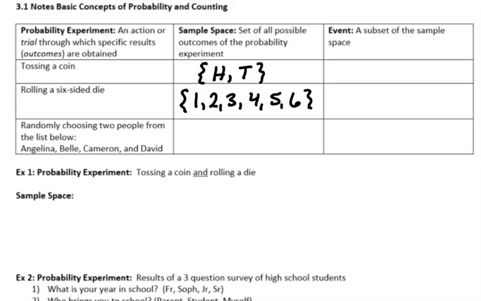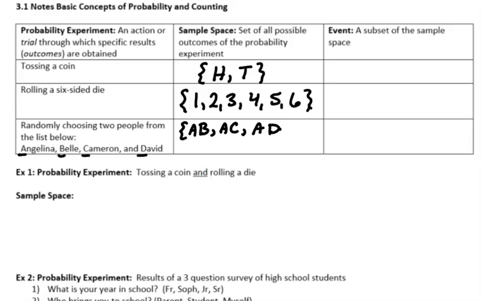Now the third one is a little more complicated because I'm randomly choosing two people from the list. I named them Angelina, Belle, Cameron, and David, so we could use A, B, C, and D to represent the people. And I want to randomly choose two people. So what's my sample space? Well, I could choose Angelina and Belle, or Angelina and Cameron, or Angelina and David.